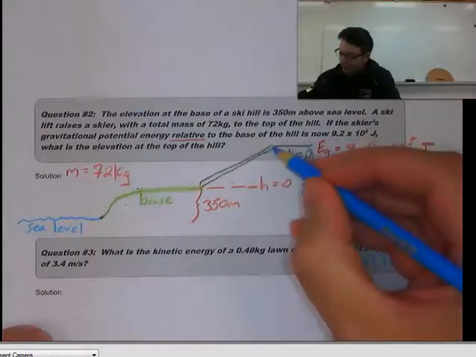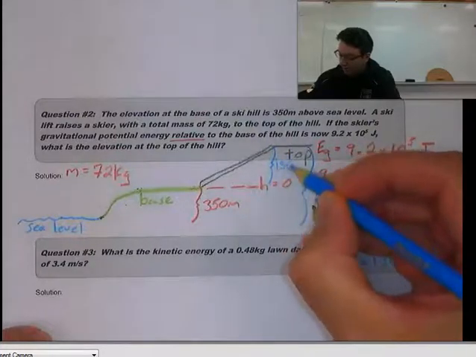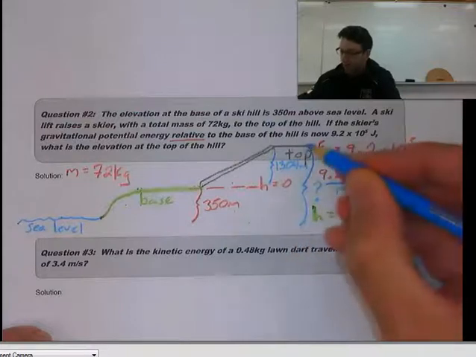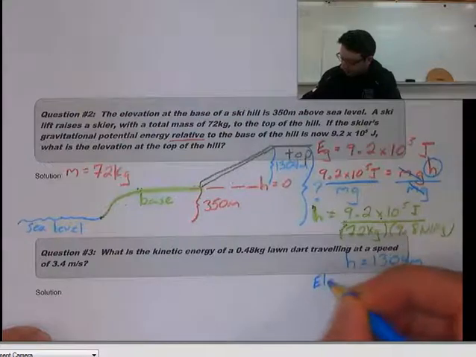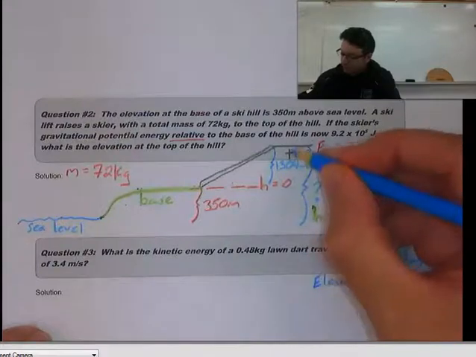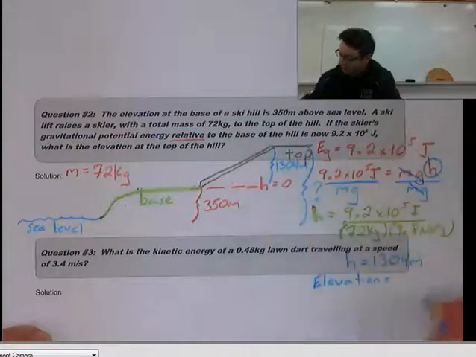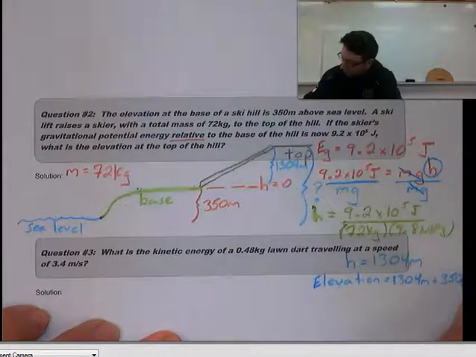If we know that this right here is 1304, I can figure out your total elevation by simply adding this portion and this portion together. So 1304 plus 350 equals 1654 meters.